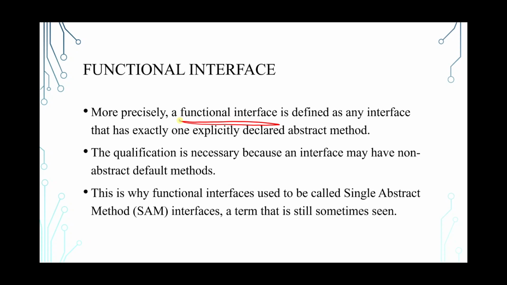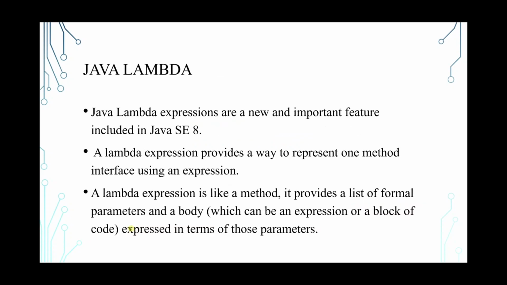And when I say explicitly declared abstract method, we usually mean the public methods in there, right? This is why functional interfaces used to be called single abstract method, SAM, interfaces, a term that is still sometimes seen.